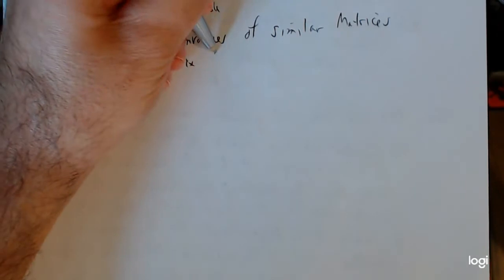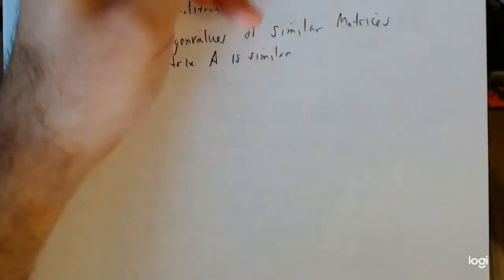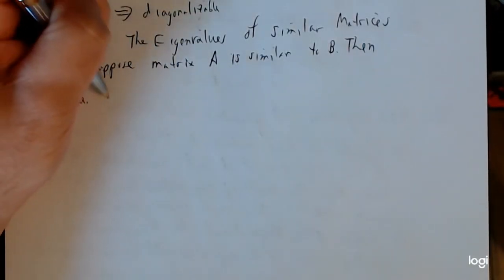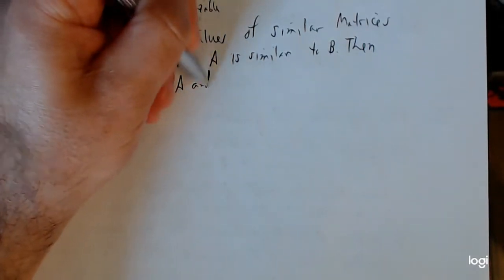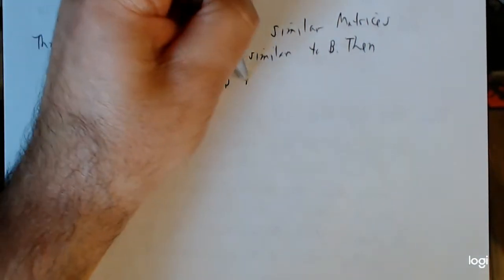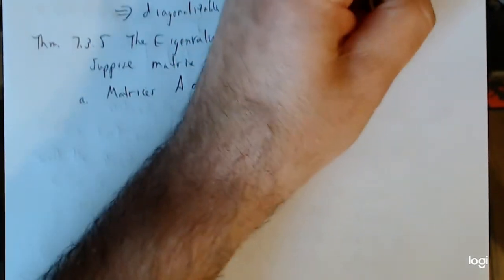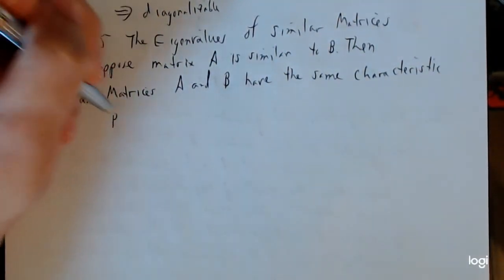So suppose matrix A is similar to matrix B. Then we can say that matrices A and B have the same characteristic polynomials.